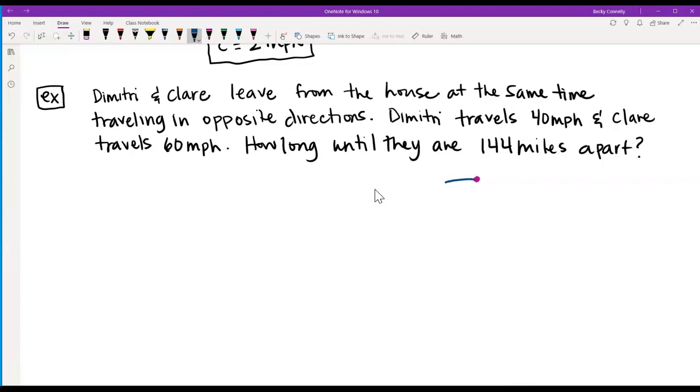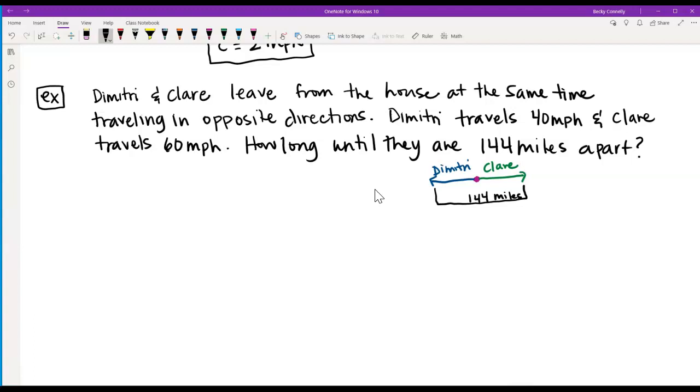So Dimitri is going this way, and then Claire is going the other way. And all we really know is that we're trying to figure out when they're going to be 144 miles apart.